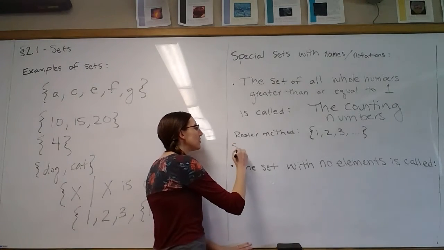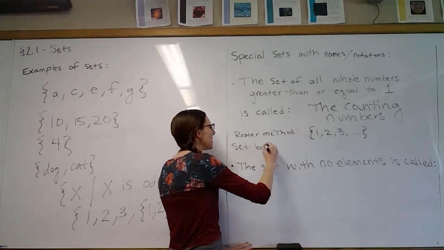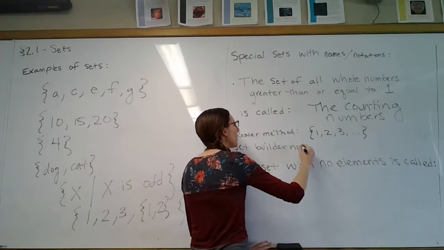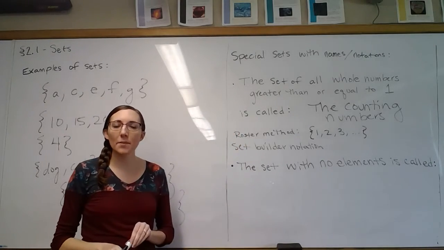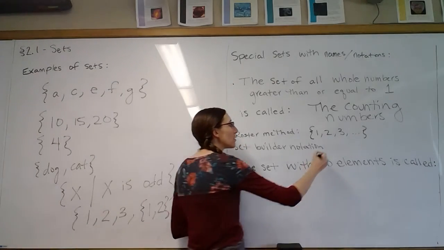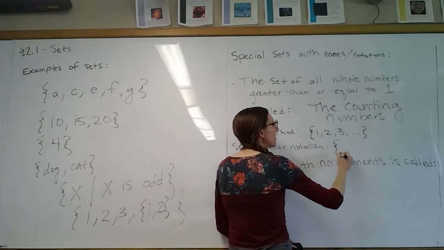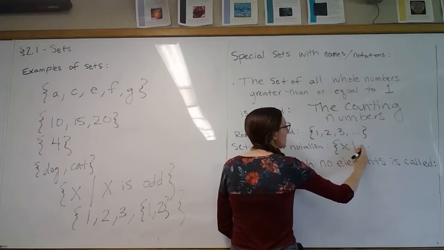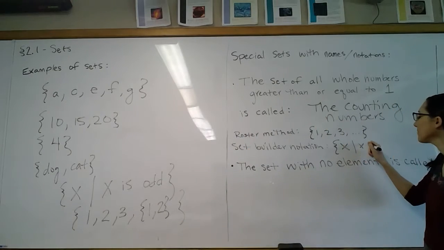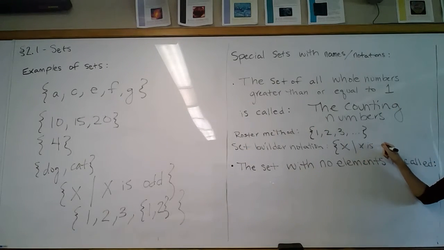So we would imply that by just having no end, it would just keep going. We could, if we want, use set builder notation. And this is kind of an example where it might be helpful. So set builder notation for this one could look like the set of all x such that x is a whole number and we could write x is greater than or equal to 1.